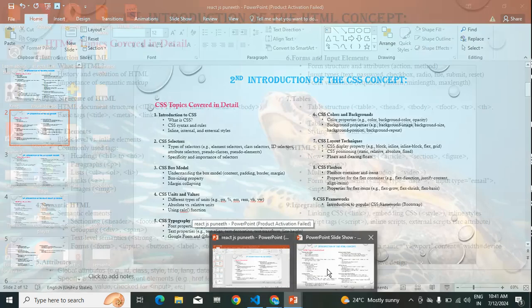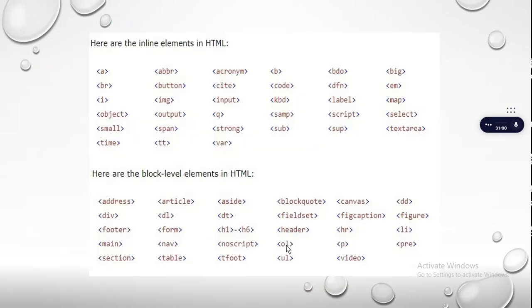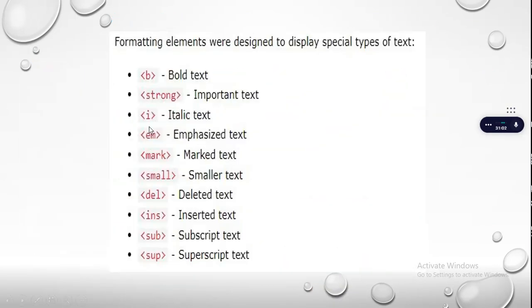So what are the text formatting tags that are available? These are some of the text formatting tags that we have. If you want to make some text bold, you will be using the B tag, that is the bold tag, and another one is the strong tag.